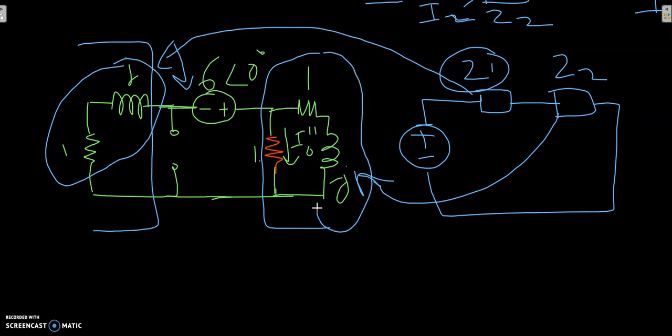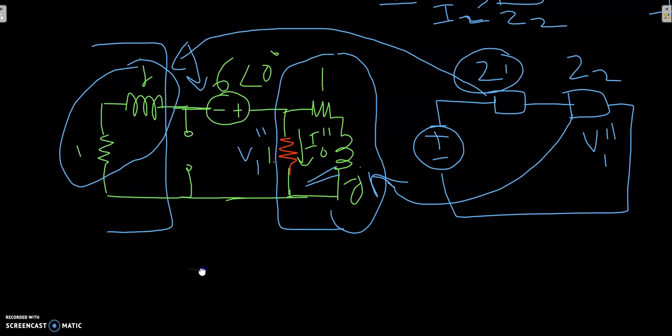So if that's the case, then we can find out the voltage, let me call it V1 double dash, which will appear across Z2. And if I can find out V1 double dash, then I can easily find out the current I naught double dash. So that's the way we will be trying to do this circuit.